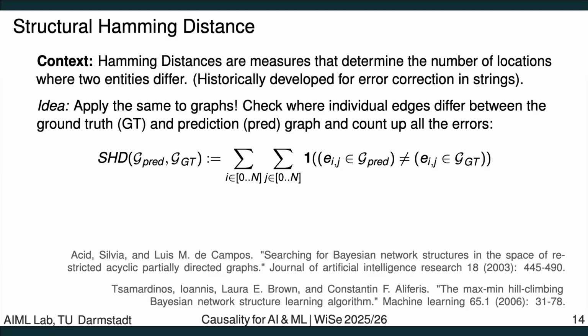So basically, we add an error of 1 if for some entry in our adjacency matrix, we have an edge that is predicted but not in the ground truth graph, or the other way around, if we have an edge in the ground truth graph but that is not in the predicted edges. So this is not a normalized quantity, and lower is better. An SHD of 0 tells you have the correct causal graph.